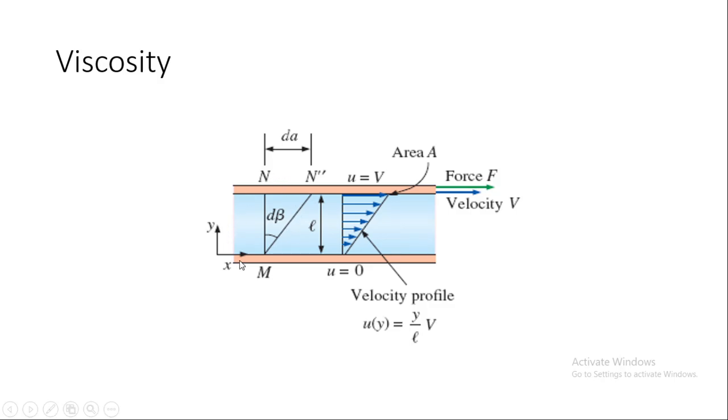Let's suppose this is the x-axis, this is the y-axis, and the velocity profile can be calculated from this. I think we can discuss it on the board as well, which is more understandable to you.